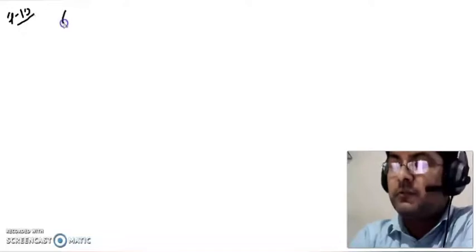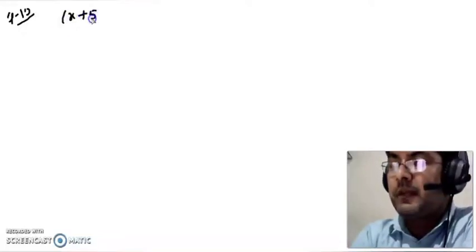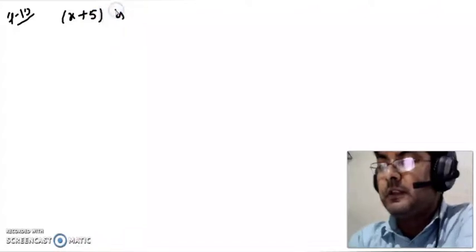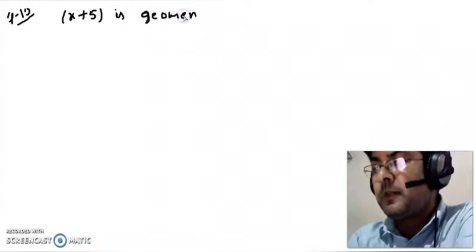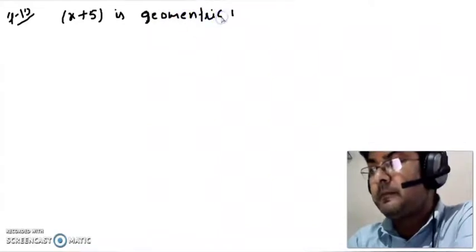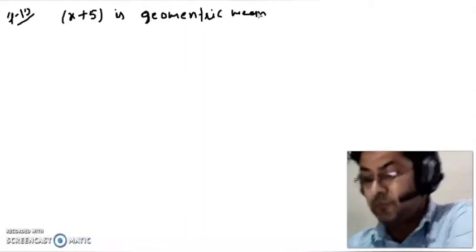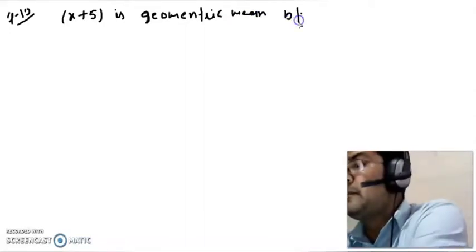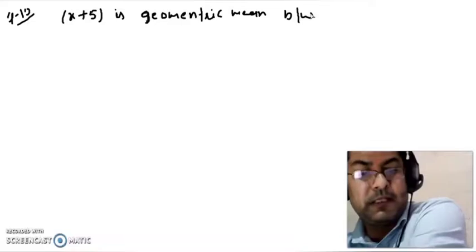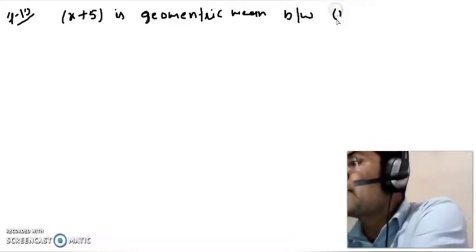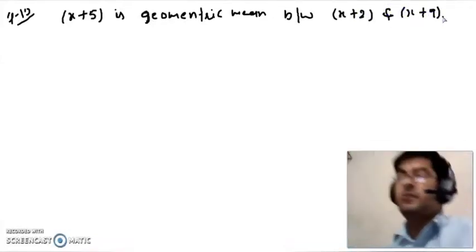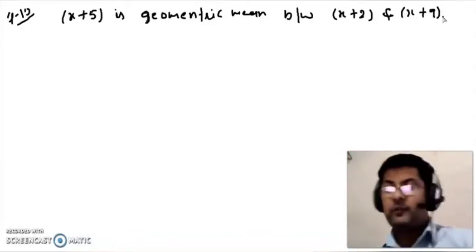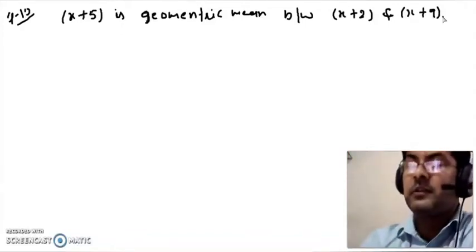Let us note down: x plus 5 is the geometric mean between two numbers x plus 2 and x plus 9. So the formula let us note down first.